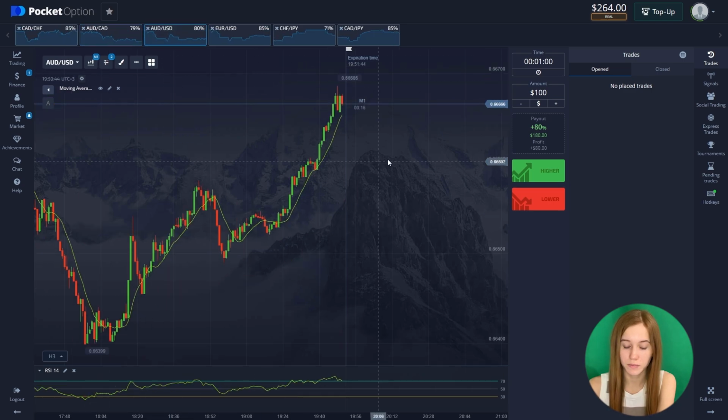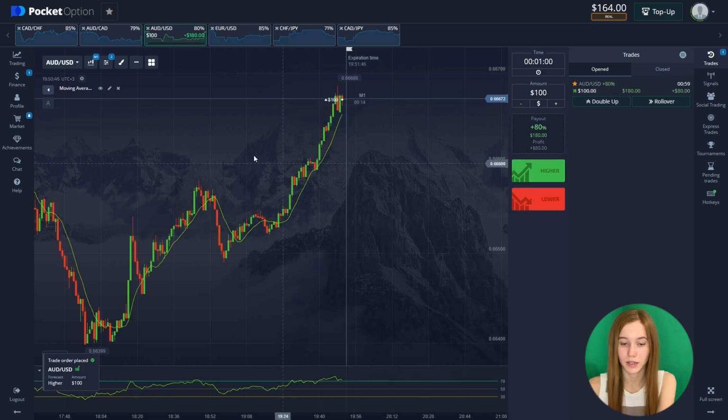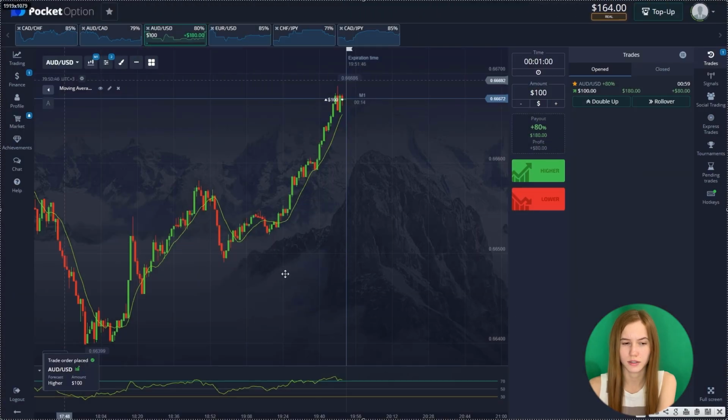We move on, open up, and we start our technical analysis. We see strong growth. We did move a little into consolidation in the last candle, but this doesn't tell us much. More likely the chart will continue to move in the upper position. On our first indicator, we see the green line is directed to the top position.